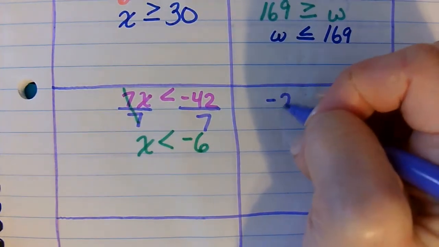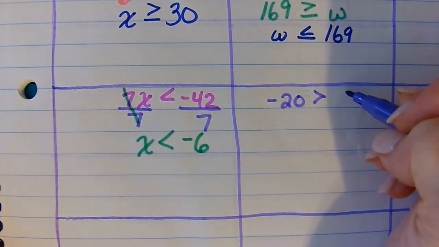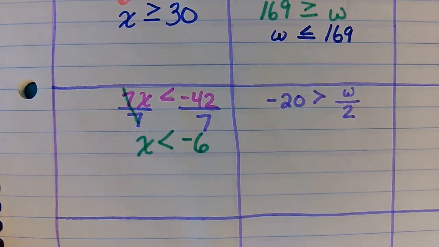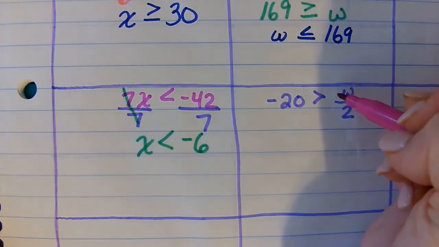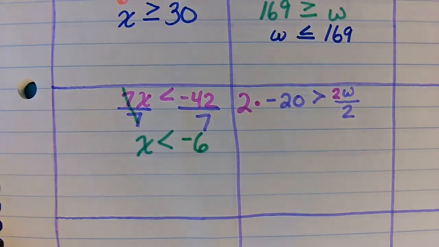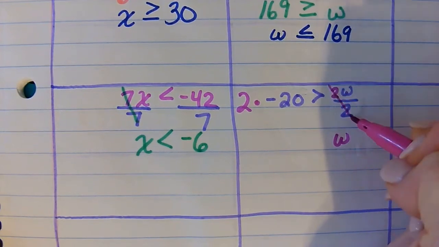Next one, negative 20 greater than w divided by 2. All right, and same steps once again. We are dividing by 2 over here, which means we're going to multiply both sides by 2, okay? And 2 divided by 2 leaves me with w on the left. These cancel out.